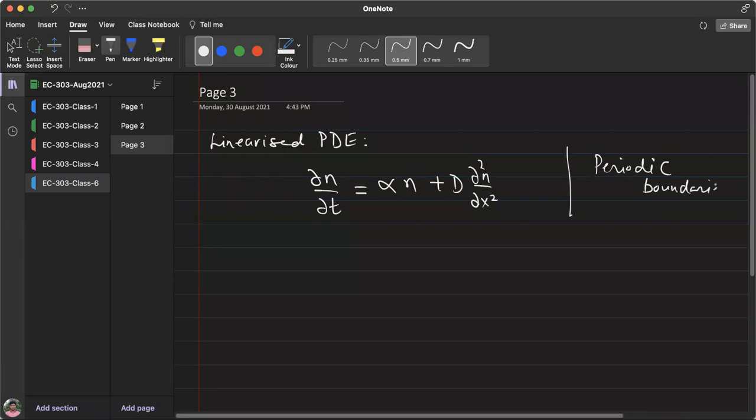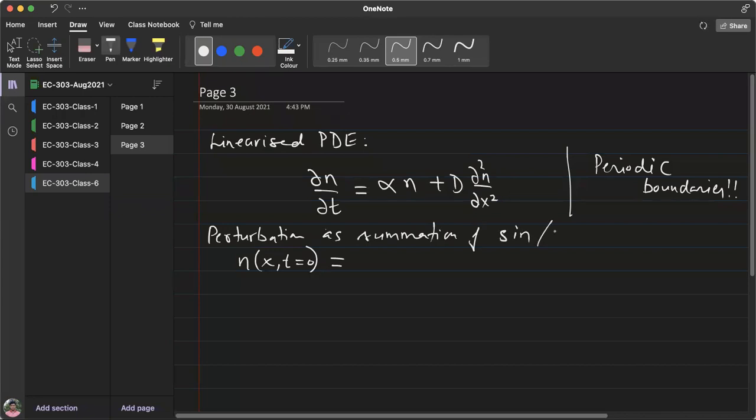That justifies this: if somebody were to make an arbitrary perturbation n(x), I hope all of you will agree that at time t equals 0, that perturbation basically is a summation of sines and cosines.